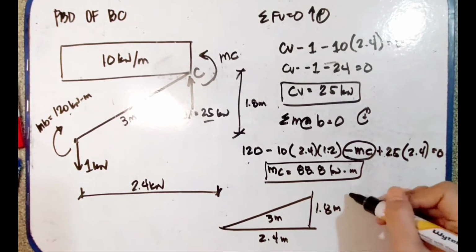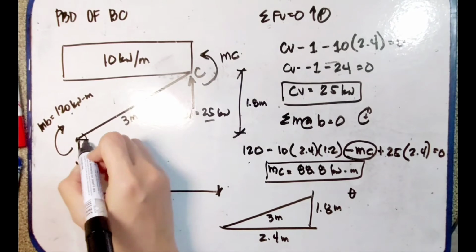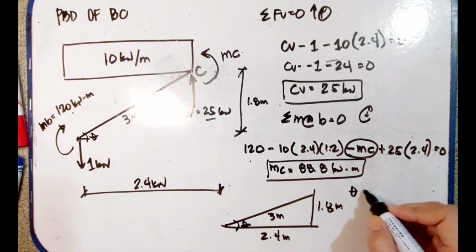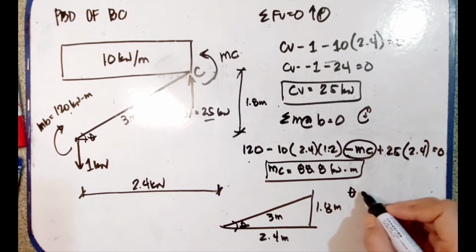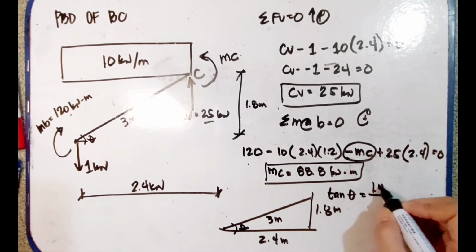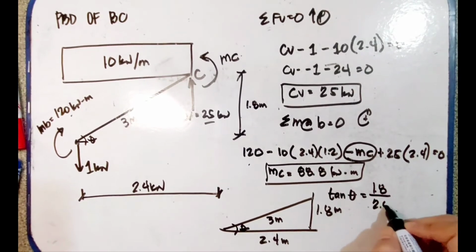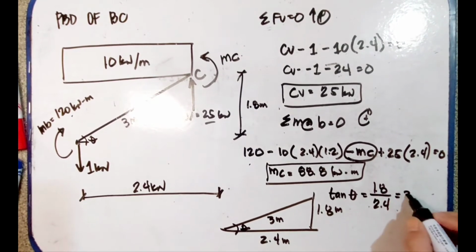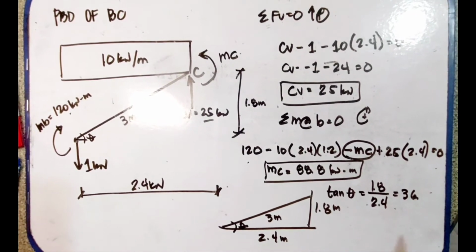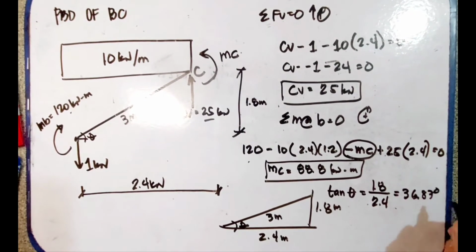Next, kunin natin yung theta. This is your theta. So, yung theta natin, meron tayong tangent theta is equal to 1.8 divided by 2.4. So, this is around 36.87 degrees.